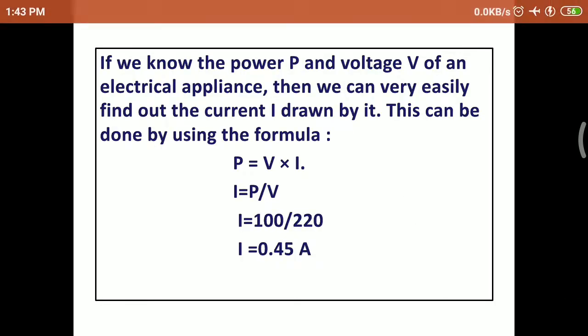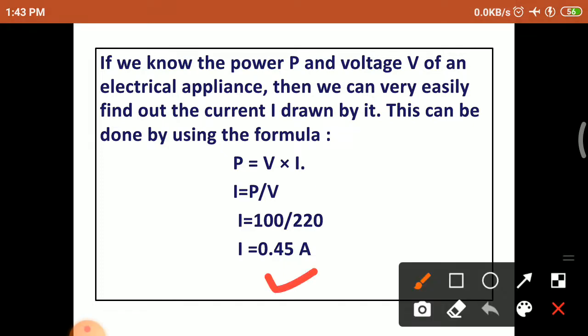So how to calculate the current value from the power and voltage? If you know the power P and voltage V of an electrical appliance, then we can very easily find the current. This can be done by using this formula.